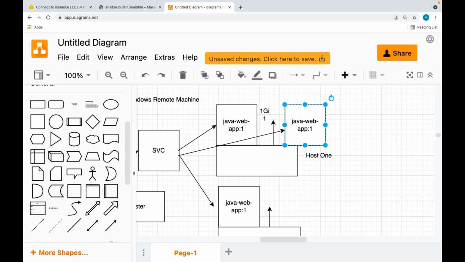If you remember, in Docker, what command did we use to see the CPU and memory utilization of our container?